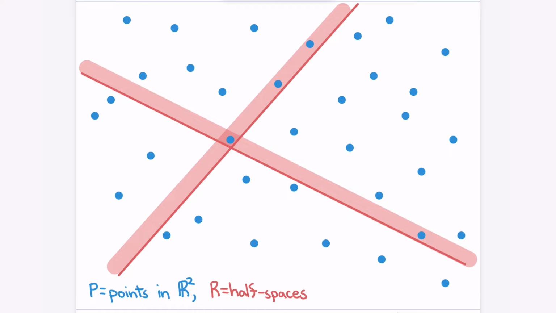Can I argue that there are less than 2 to the n distinct half spaces in this picture? And by distinct, I mean based on the points that they cover. Okay, why n squared?